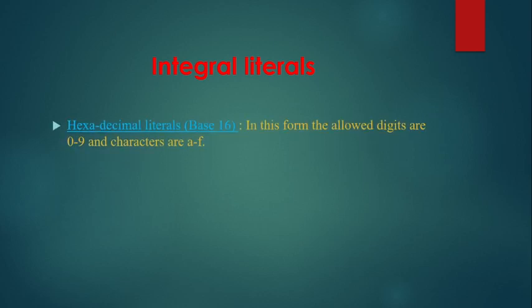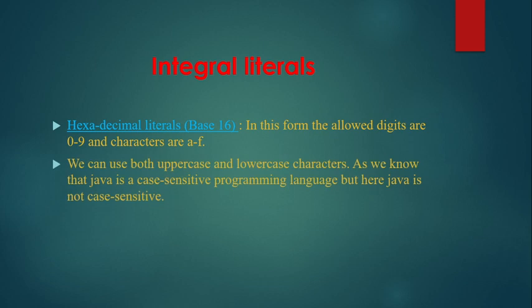Next is hexadecimal literals. Those literals which have base 16, in which allowed digits are 0 to 9 and from 10 to 15 it will be characters A to F, as 10 determines A and 11 determines B, that's all. We can use both uppercase and lowercase characters.